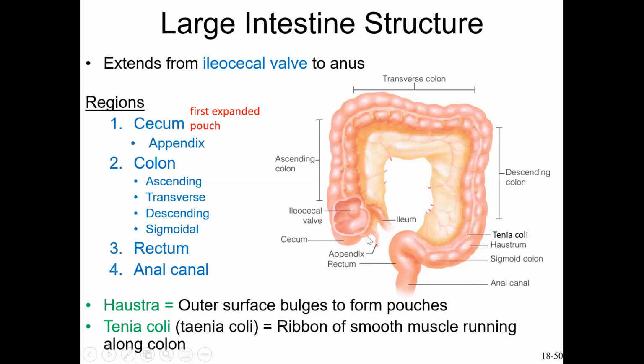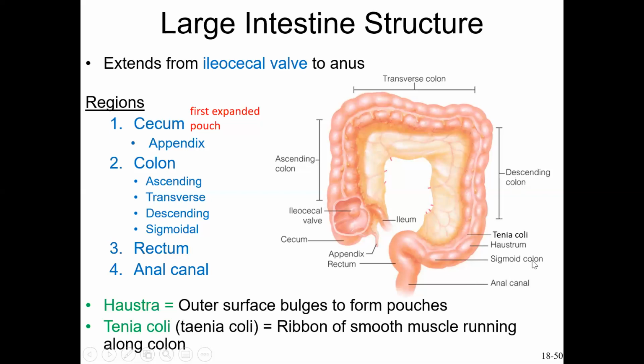Okay, so again, cecum, first expanded pouch. Coming off of that, there's the appendix, or the vermiform appendix. Then we have the colon, and the colon has 4 regions, and they're named based on what they do. So you have the ascending colon. Ascending means go up. Then you have the transverse colon, transverse plane, the horizontal plane. Then you have the descending colon, descending means go down.